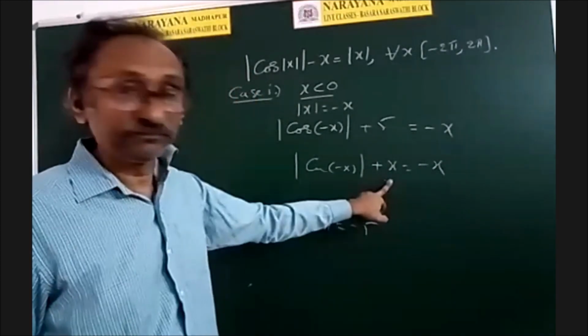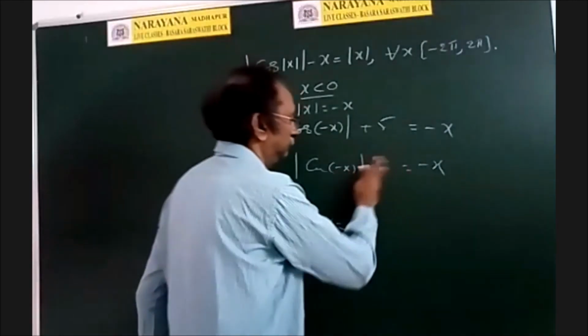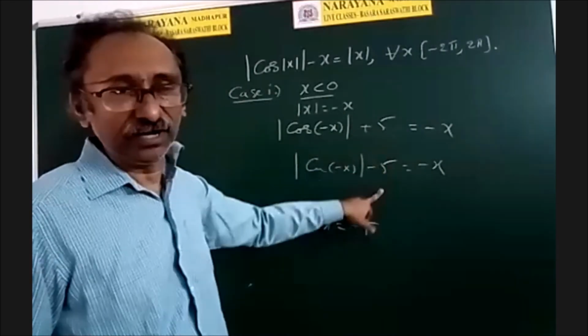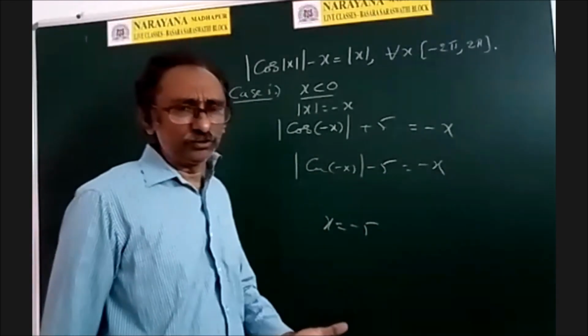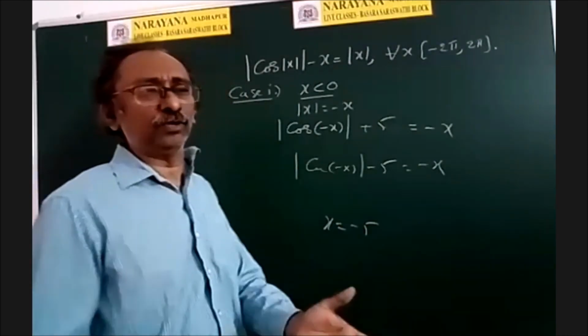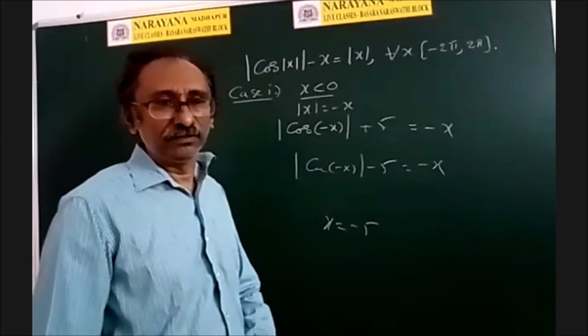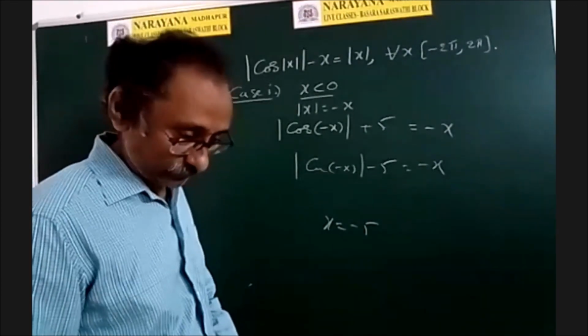What is x? Minus 5. So whether these two are equal? No, sir. So if x is negative, you have to keep x like that only. You cannot write x as minus x. Okay, sir. Got it.